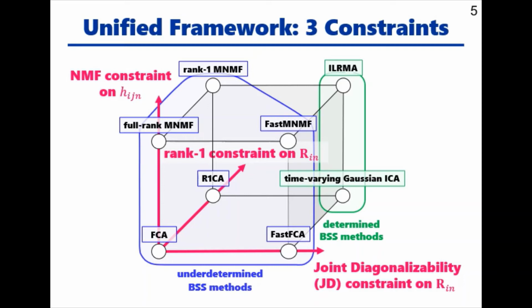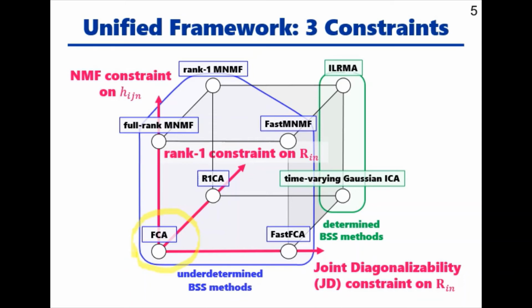In FCA, both R and H are free parameters, or in other words, no constraint is imposed. That's why FCA is located here at the origin of the coordinate system.